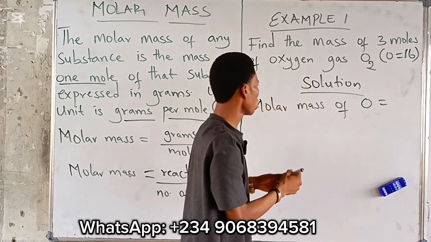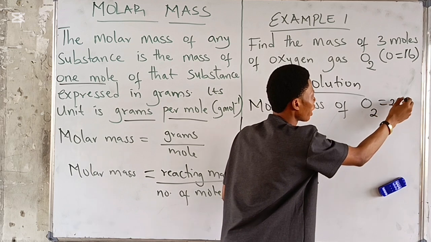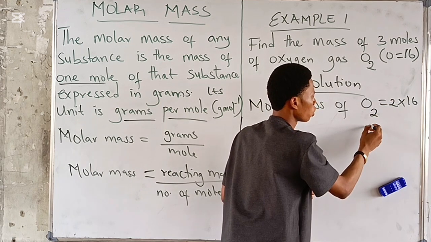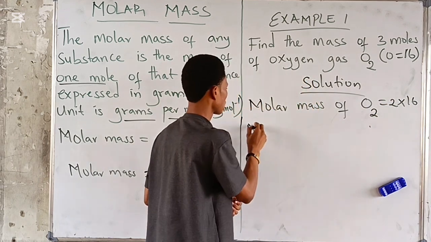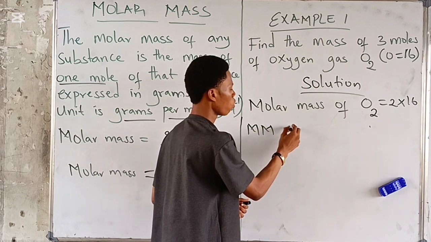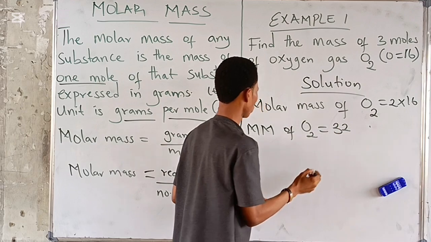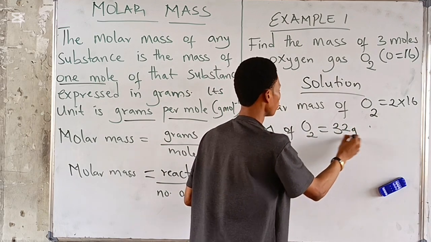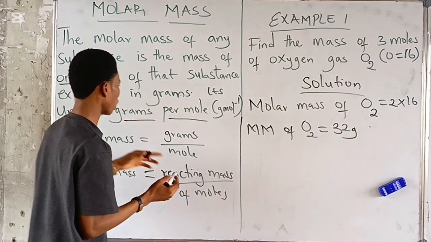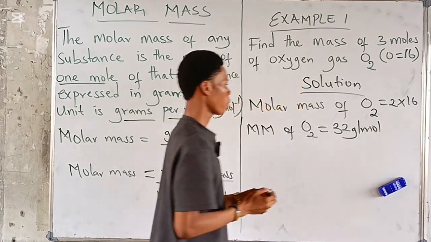But the molar mass of O2 will be 2 times 16, which is 32. So the molar mass of O2 is 32. Remember, molar mass is in grams per mole.